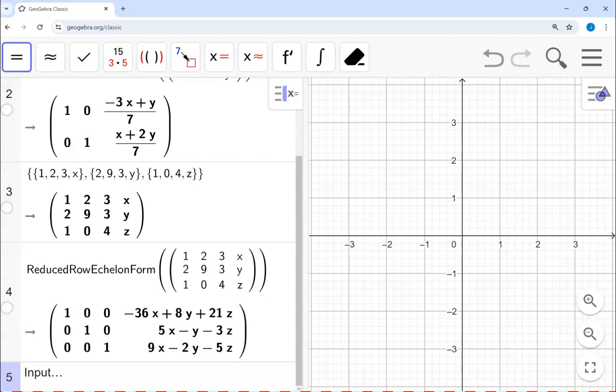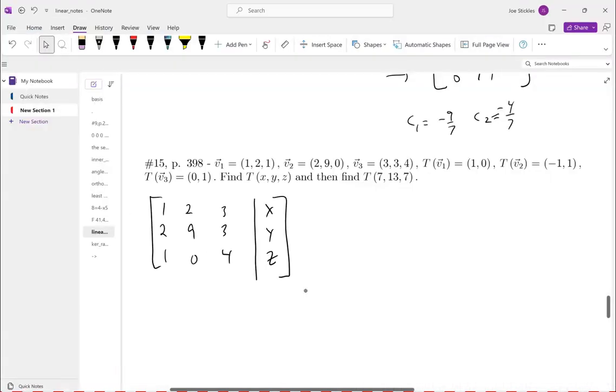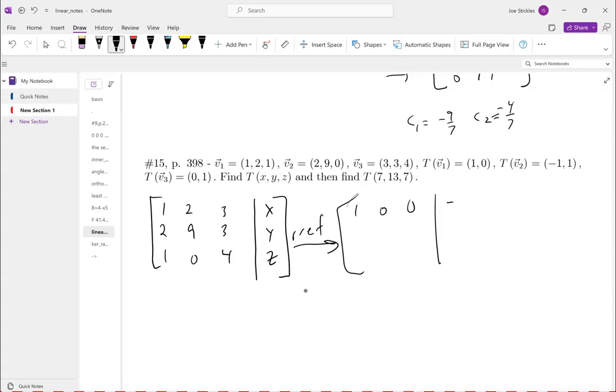So going back over here, again, we row reduce this thing. 36x plus 8y plus 21z. 5x minus y minus 3z.